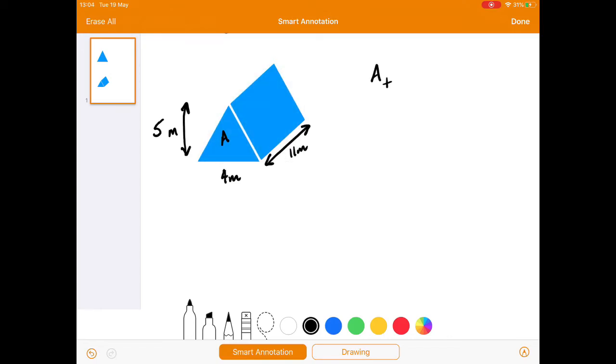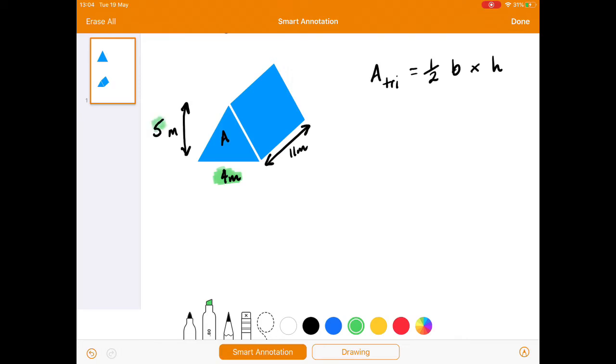So the area of a triangle, I'm just going to write down A tri, is equal to half the base times the height. And I'm just going to write b instead of base, and h instead of height. Now after that, we can see quite clearly that the base of the triangle is 4, because if you look at the shape, the front, it's 4. Now this triangle could be at the top as well.